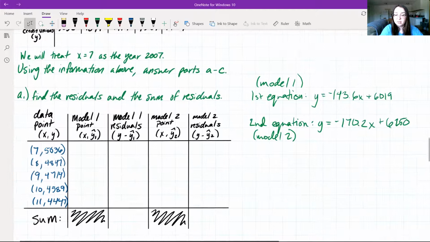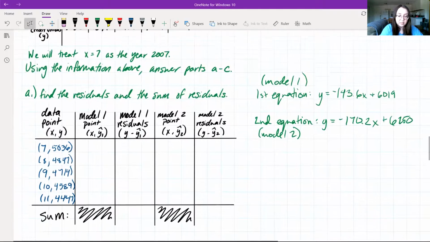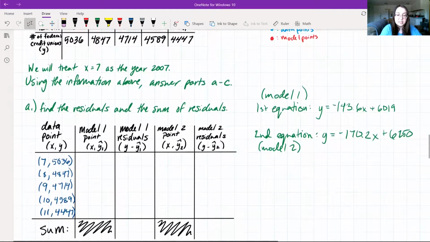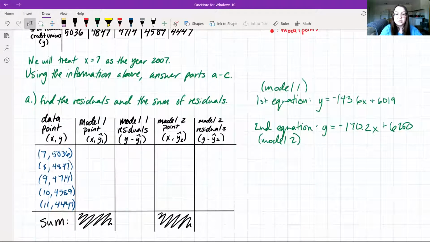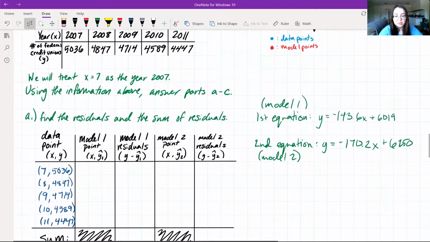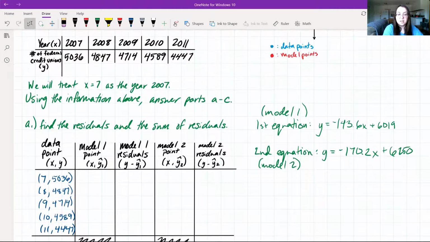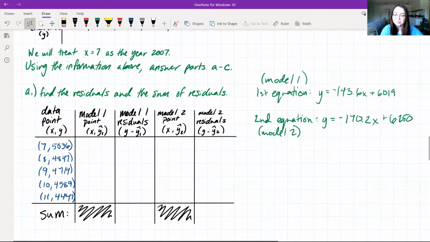All right, so we have our equations here. And what we want to do is replace our x values to solve for y. So we'll use our first equation, which is going to be model 1, and we're going to replace x equals 7 into our equation for y and get our model point. And then we'll do the same thing for 8, 9, 10, and 11.